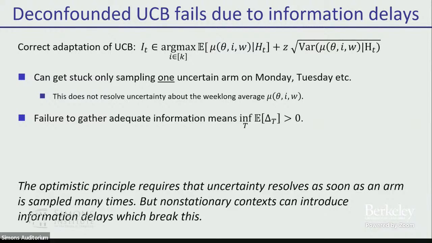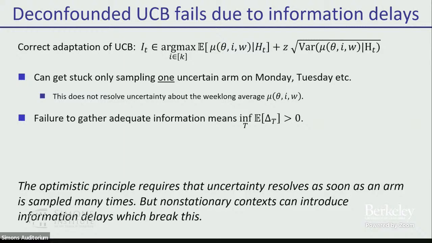And it fails because, roughly, what optimistic algorithms like UCB are trying to do is they are designed based on the idea that if they think an arm is really good and they try it, and if they're wrong, then they will quickly resolve their uncertainty. Their confidence bounds will go down.